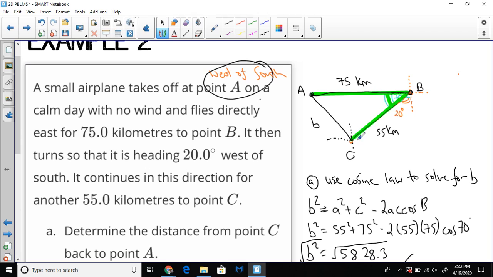If this is my right angle, my compass rose, I want to give some sort of direction. So I have to figure out what angle C is to help me figure out what the bearing is going to be.